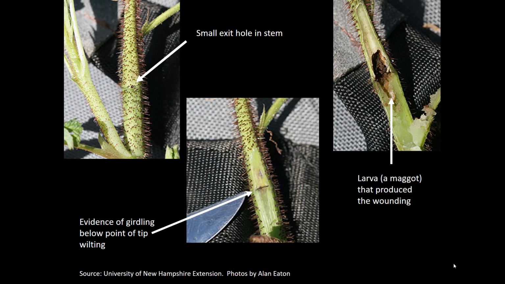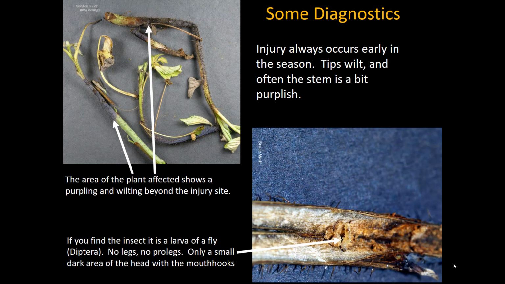They're not going to have a head capsule at all. Their mouth parts are little hooks. So these are legless maggots. And this is one of the few that develops within a stem. In the next class, we'll talk about rose midge, another insect that causes sort of similar injury. Some diagnostics on this: it is happening early.